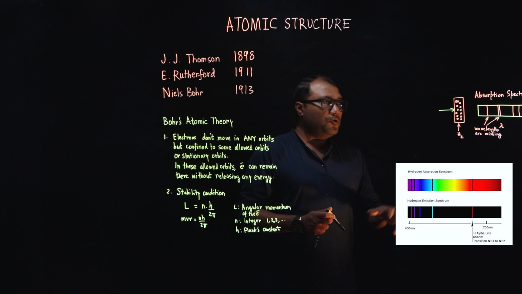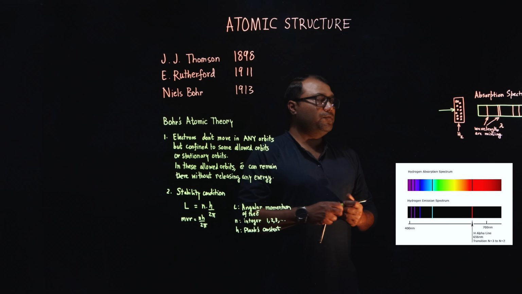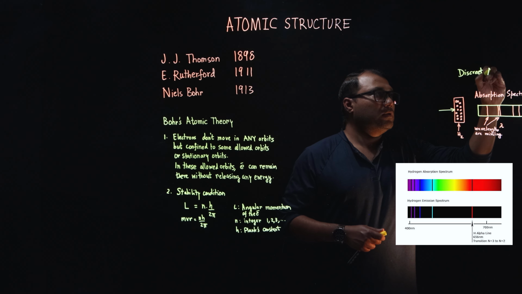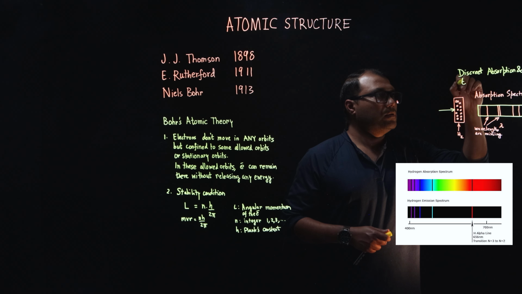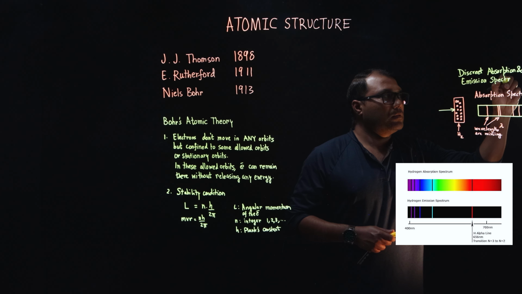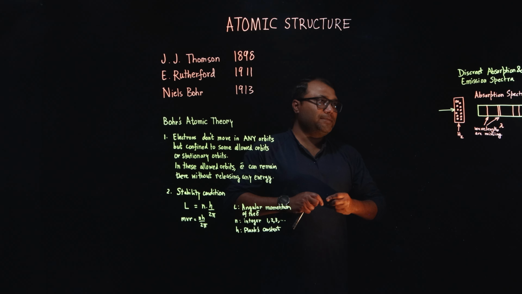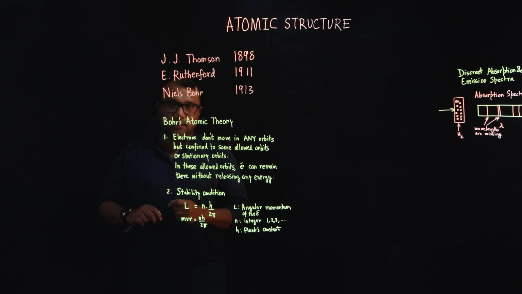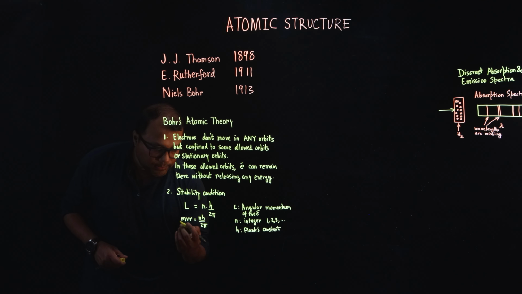Okay, so what is this phenomenon? This phenomenon is the discreteness of the absorption and emission spectra. Okay, now to explain why this happens, Bohr put together his third postulate.